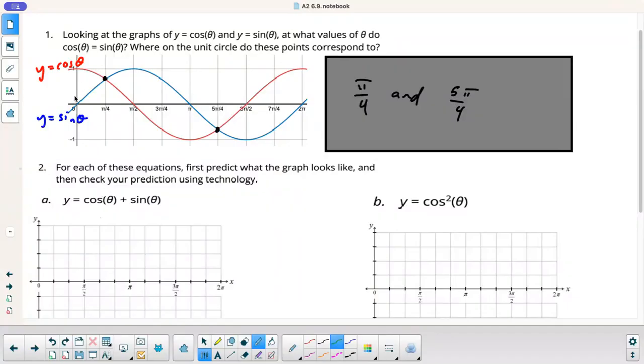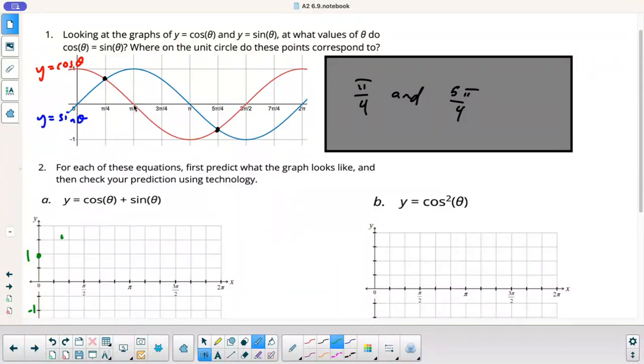So at 0, it's 0 plus 1 is 1. I'll put these points here. At pi over 4, we'll say 0.8 plus 0.8, so it's going to be like 1.6. I'm going to put it right about there in the middle here.